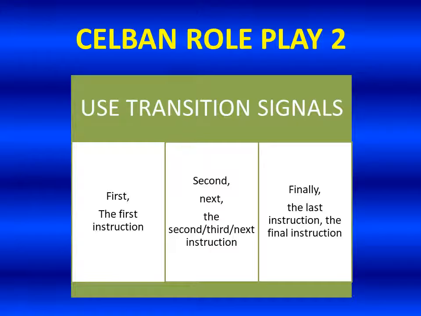Then second, and then you introduce the second instruction. Next, then give the third instruction. Then you can say the next instruction is yada yada yada. And then you say finally, or the last instruction, or the final instruction is, and then you share the last instruction with the patient.